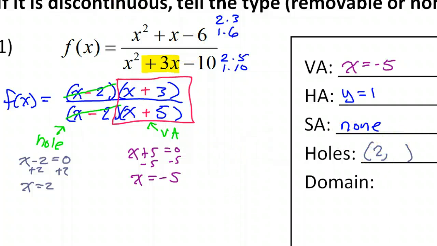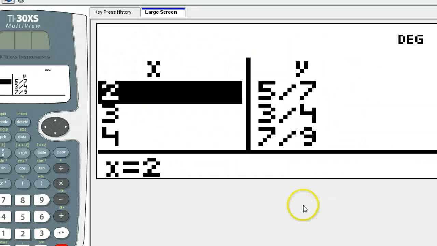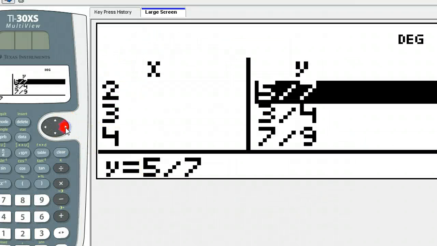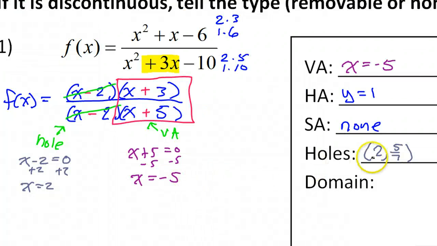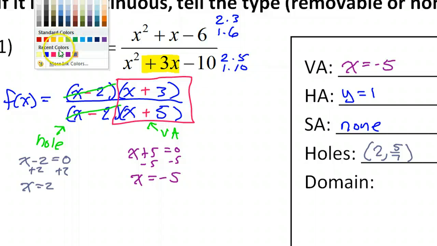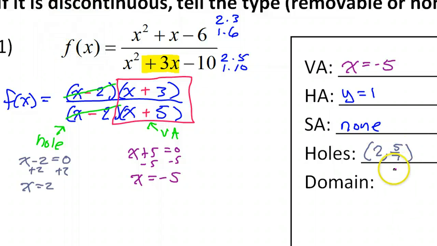So I have 2 comma 5/7. Which by the way, for graphing purposes, it would be helpful to have a decimal, so I'll toggle it, and I see that that is about 0.7. So I'm just going to put a little note to myself that this is approximately 0.7.